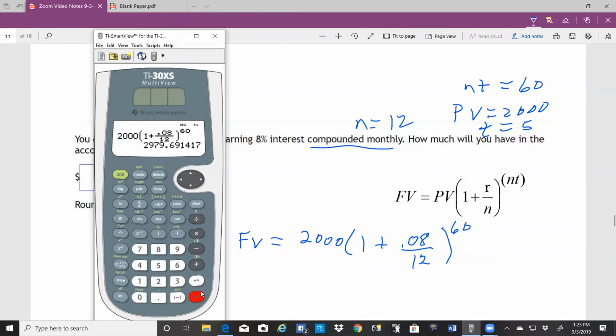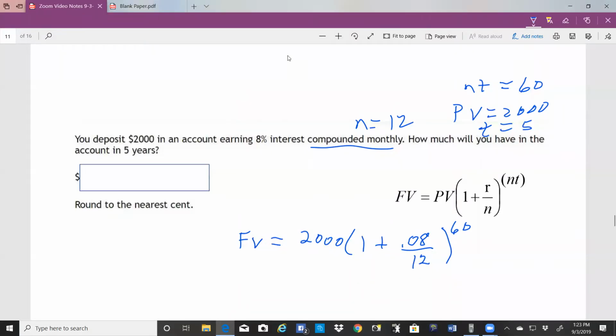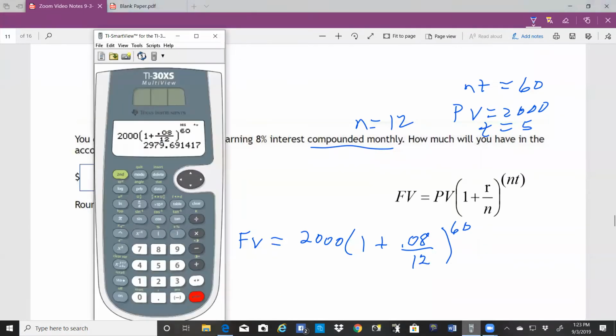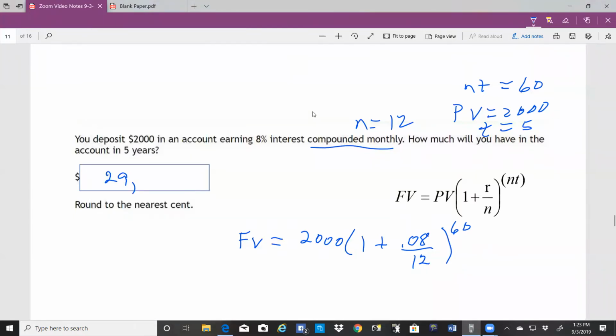And that is $29,790.69. But I'm sorry, did I read that right? It's not 29,000, it's 29,796.9.